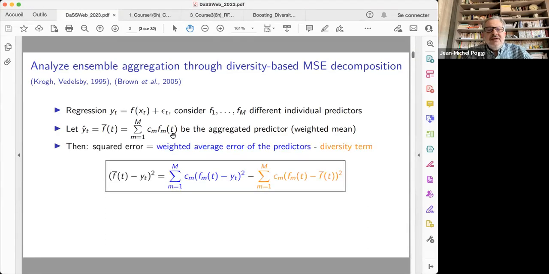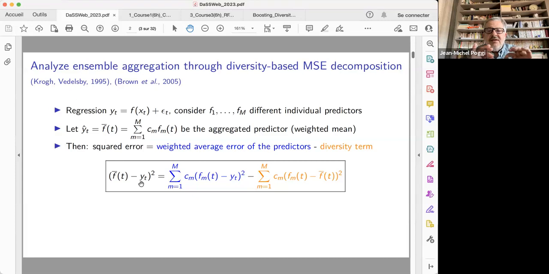What is interesting is that when you consider the squared error, the difference between the y value and the predicted value given by the aggregated predictor written here, you have just a difference. There is no expectation, no sum, nothing.